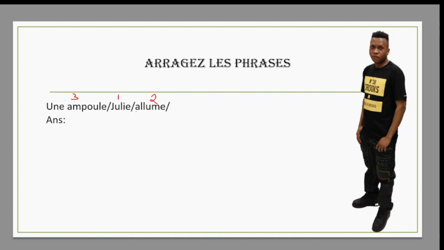Yep, that's the right answer. So, we got Julie allumait une ampoule. Julie est un sujet, allumer est un verbe, une ampoule est un complément.